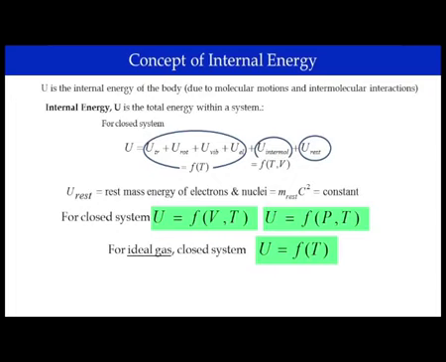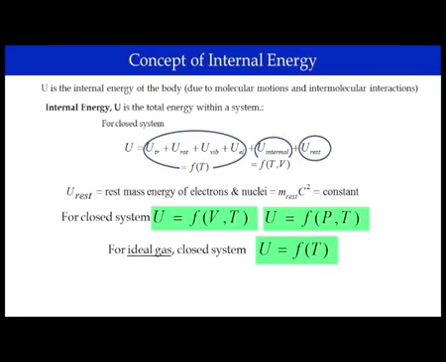where there is no change in amount or no change in composition in the system, internal energy can be given by the following terms: the energy due to translational motion of the molecules, rotational energy, vibrational energy, electronic energy, and the energy due to intermolecular interactions between molecules.